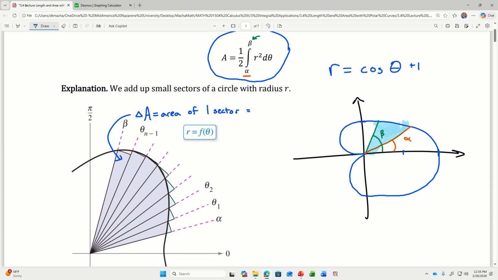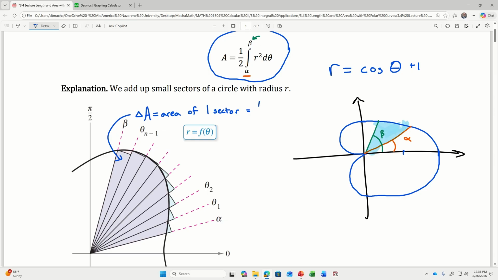That would kind of be like the area of the total circle divided by 2 pi, because there's 2 pi radians in a circle, times whatever that delta theta is, whatever angle this sector encloses.